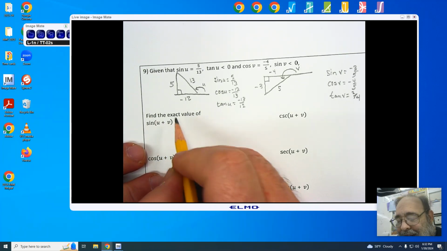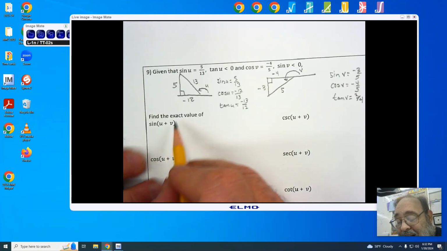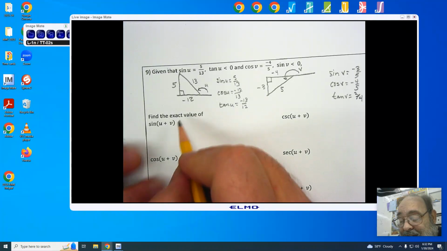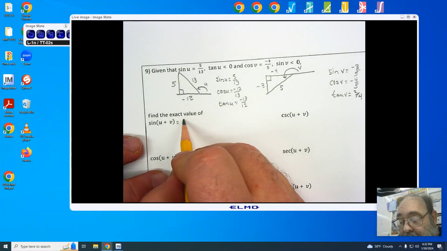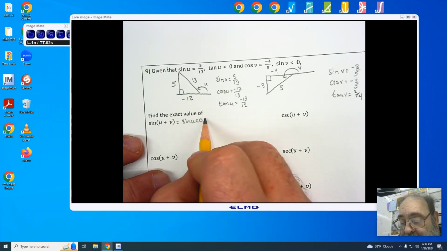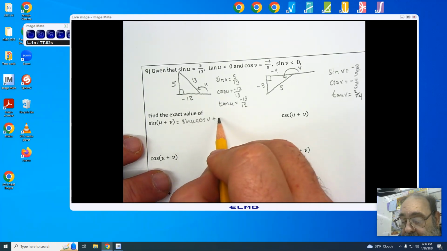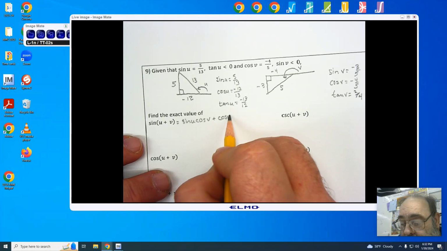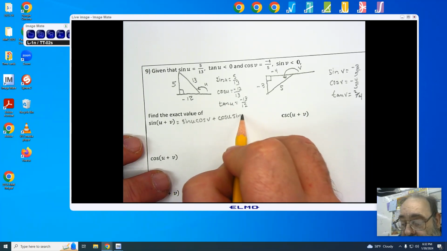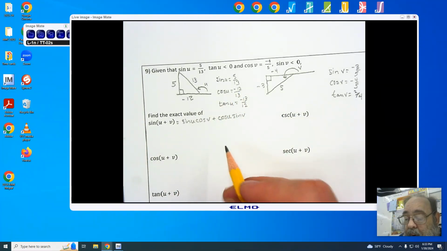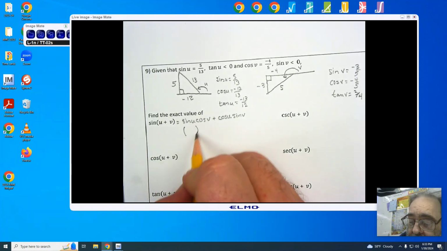Alrighty, here we go. So I'm going to be using the formula that I've asked you to memorize, which is the sum formula. This is going to be my sine of u, cosine of v, plus the cosine of u sine of v. And we have each of these that we're going to put directly into our sum.